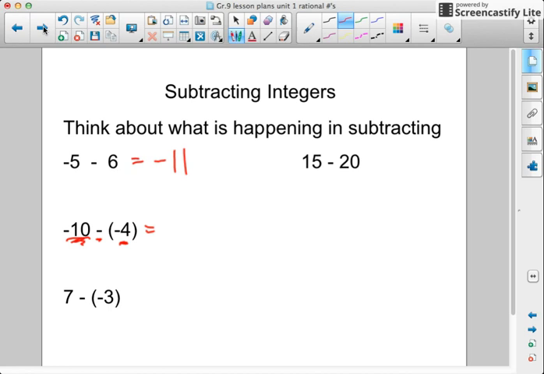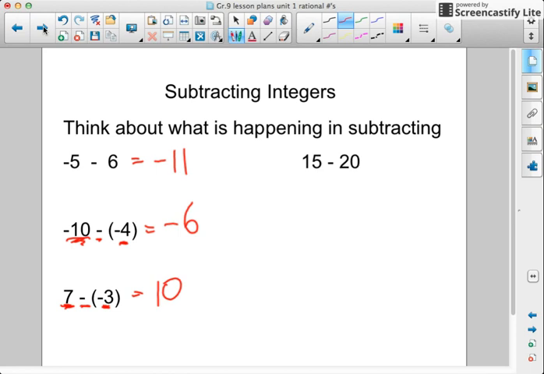So if you remove $4 of that debt, now you only have $6 of that debt left. Okay, let's try the next one. You have $7. Okay, you're going to remove $3 of debt that you would have had. So if you're removing debt, again, you're increasing. So this is going to end up giving you $10. Okay, you're going to increase.